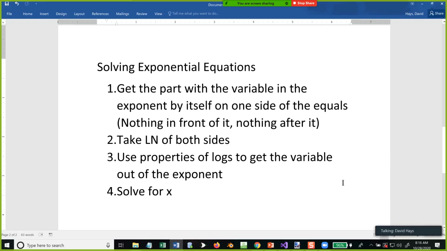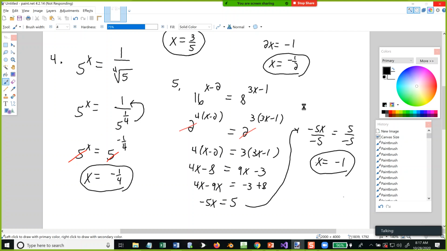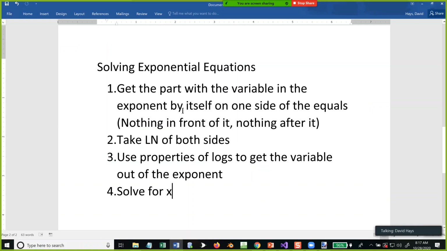Okay, solving exponential equations. Not sure what you heard on your end before it crashed, but step one, get the part with the variable and exponent by itself on one side of the equals, nothing in front of it, nothing after it.